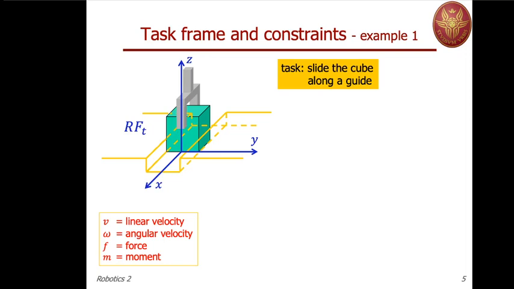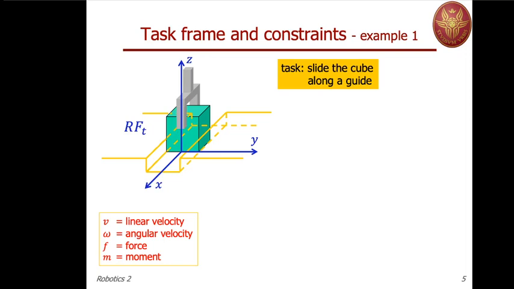If we imagine rotating this frame a little bit around the z-axis, so that the x axis is no longer aligned with the guide, and the y is also rotated as well, then you can imagine that the free motion of sliding along the guide would not occur exactly in one of the axes.